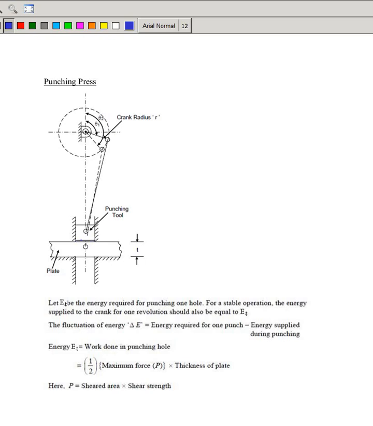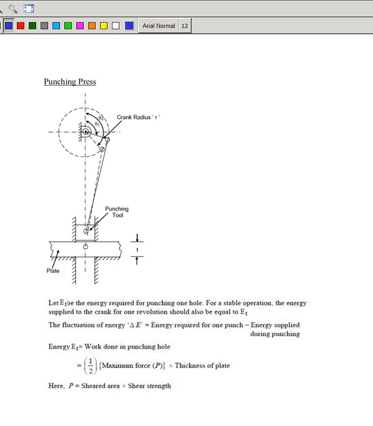high energy is required during punching, so for the punching the crank moves from theta 1 to theta 2, but after that high energy, or rather high torque, is not required.